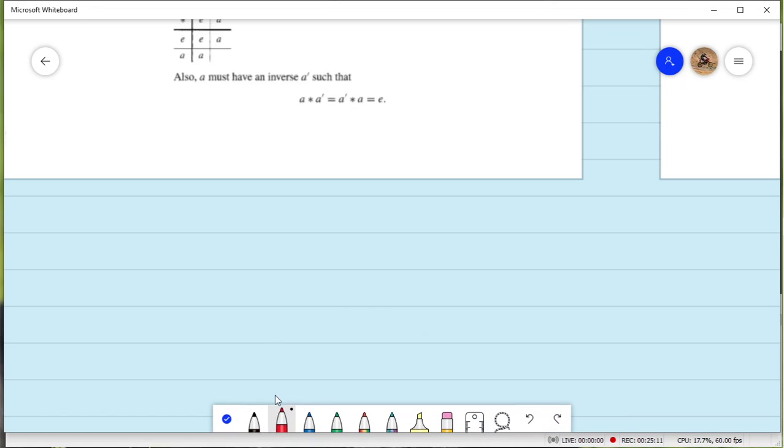Therefore, it is impossible for a null set to be a group. Why? Because a null set does not contain anything. In other words, it would not contain an identity element, meaning this set cannot be a group.